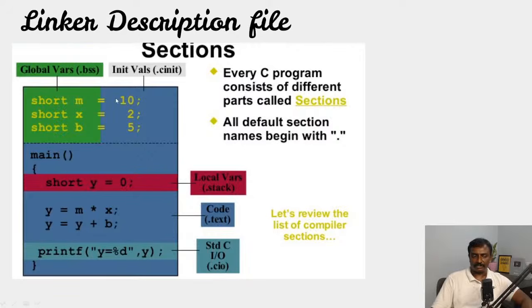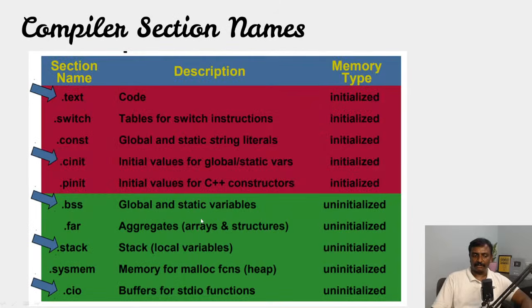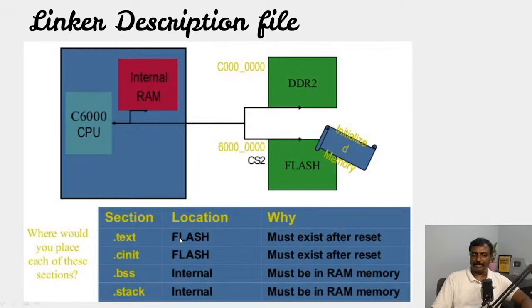The program sections should be placed in program memory. So .text is a program section, and it should be placed in flash memory. .cinit also has to be placed in flash memory, and .bss in data memory.